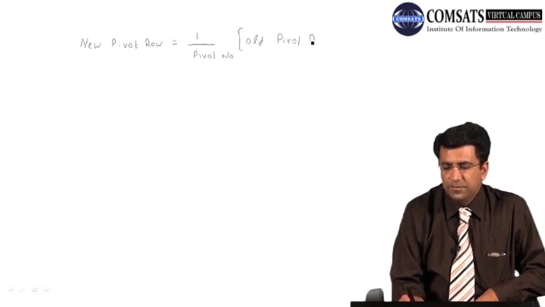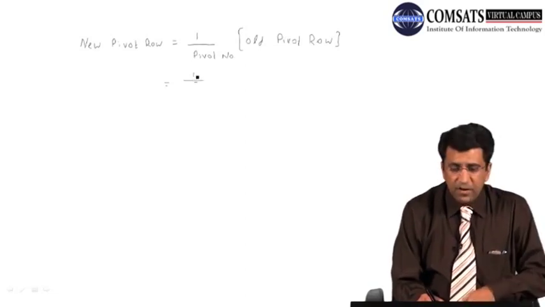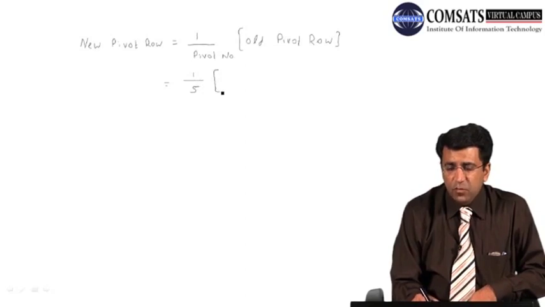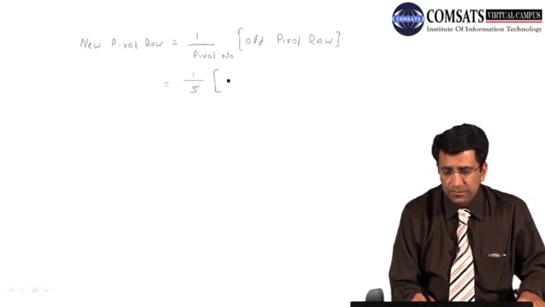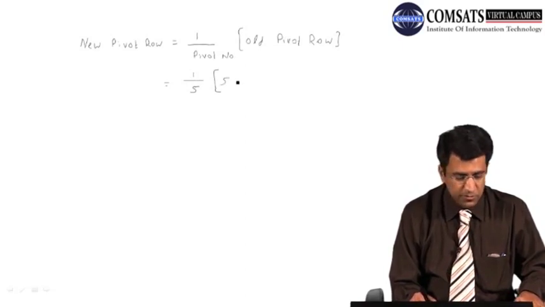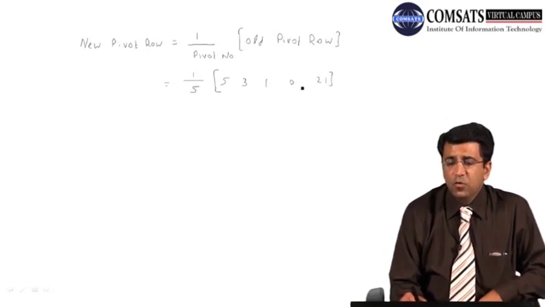We have already computed our pivot number, which in this case is 5, and our old pivot row, I'm rewriting that row here, is 5, 3, 1, 0, 21. So this is our old pivot row.